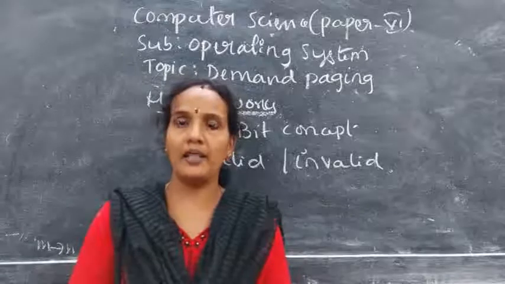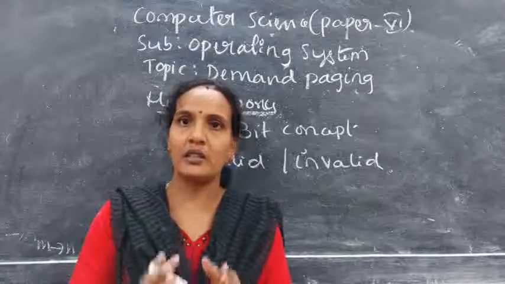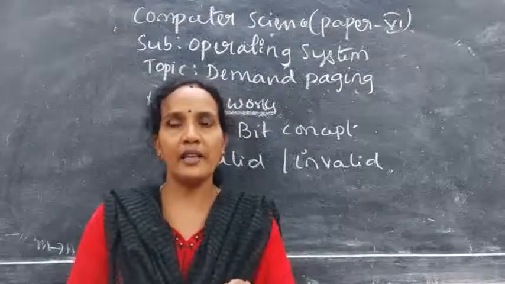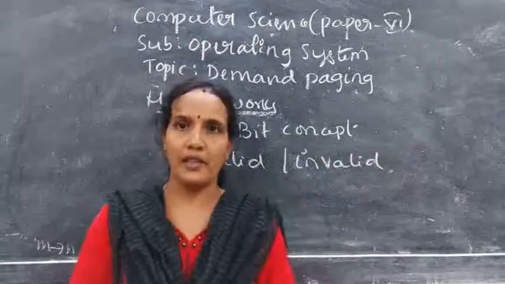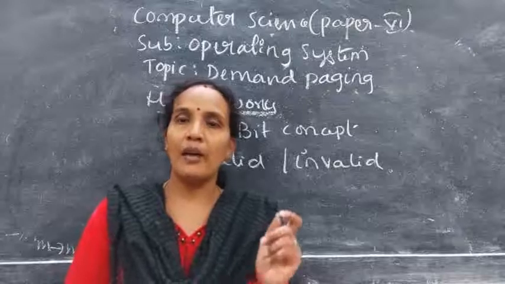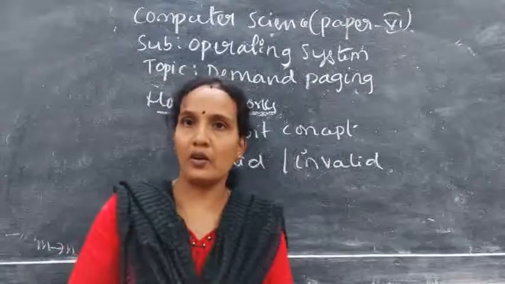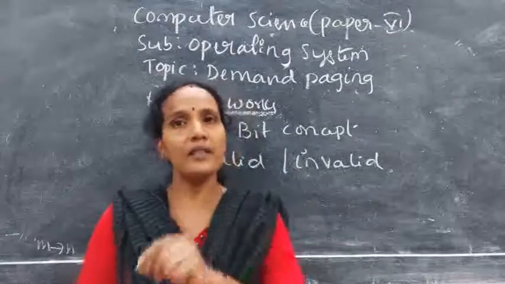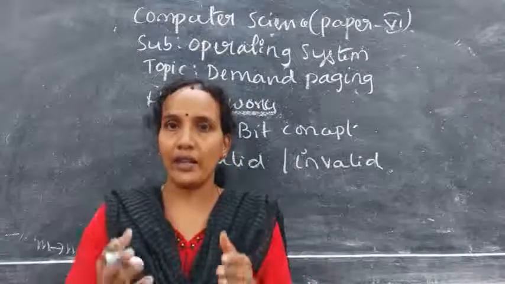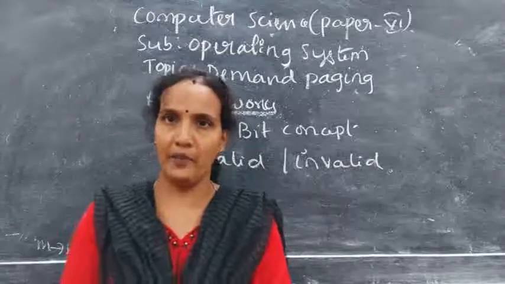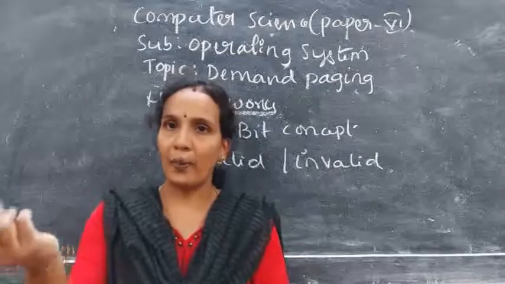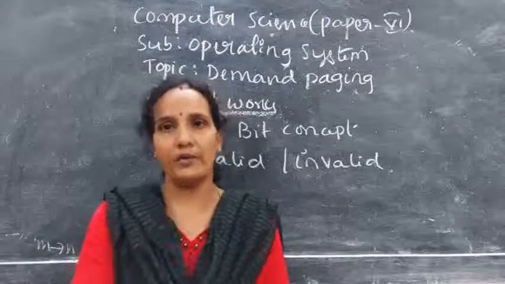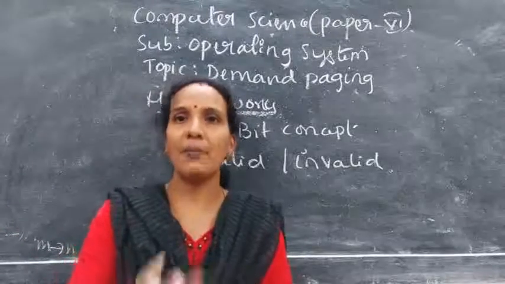But if the bit is invalid, then what happens? Immediately the control goes to the operating system, because the operating system will search for that required page in the secondary memory. If the required page is there, the operating system brings that page into the main memory and updates the page table.